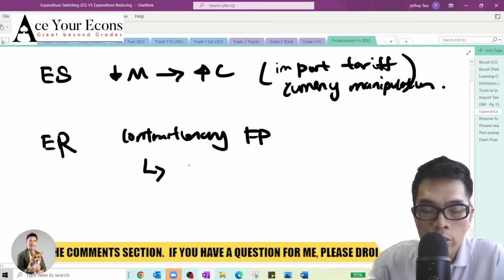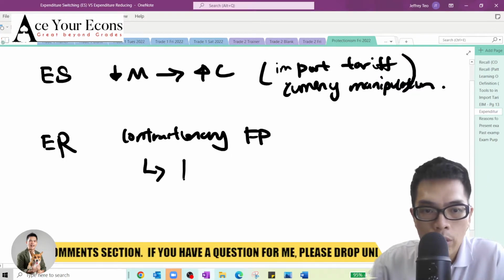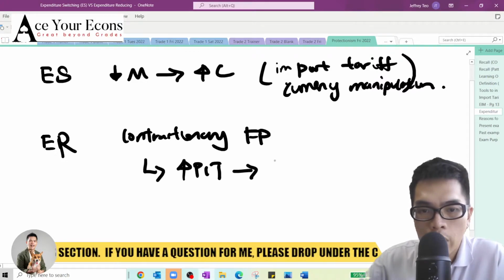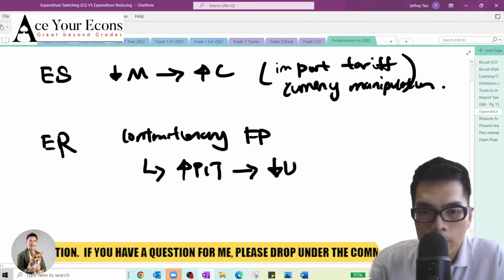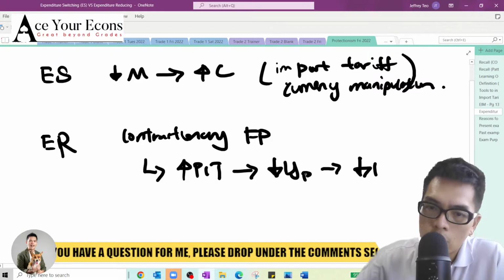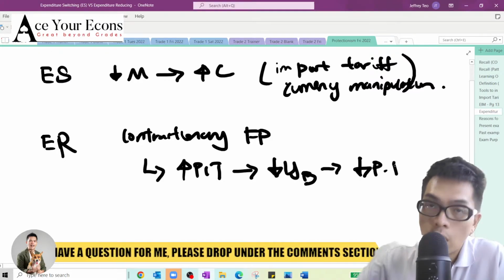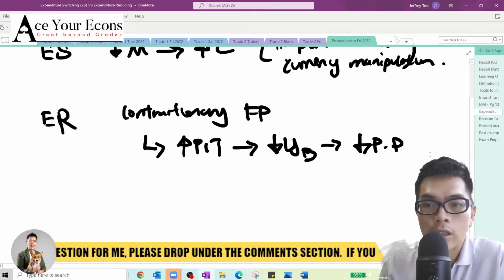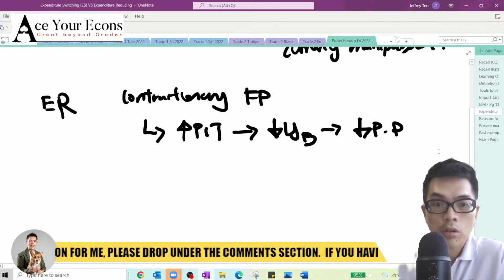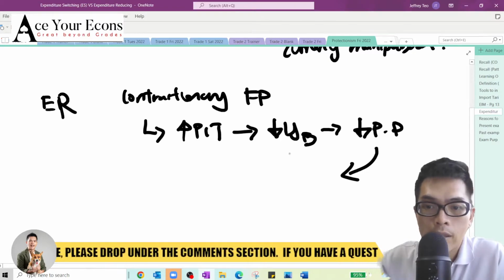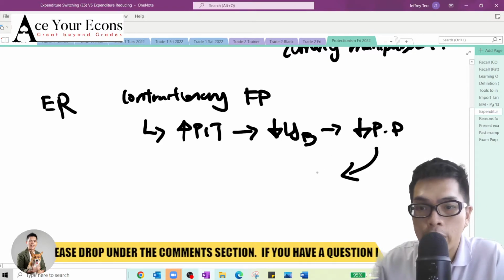A contractionary fiscal policy, for instance, when you raise your personal income tax, right? This will lower your disposable income and your purchasing power. This is quite standard. This is what we learn under fiscal policy, right? And we also learn that it will reduce your consumption, right? But here's how you want to relate to expenditure reducing.